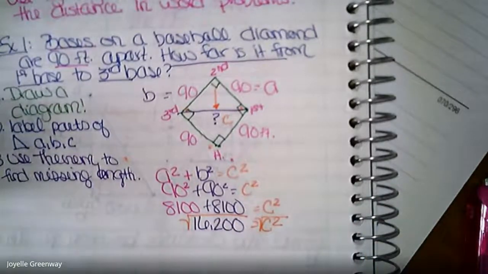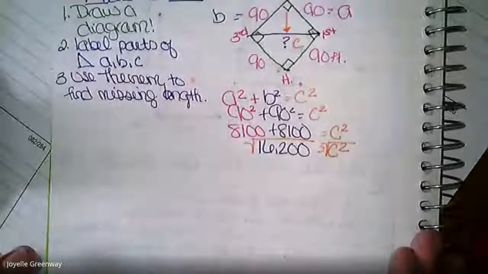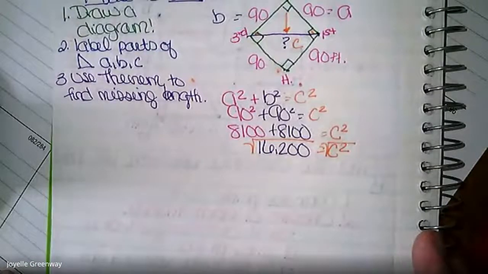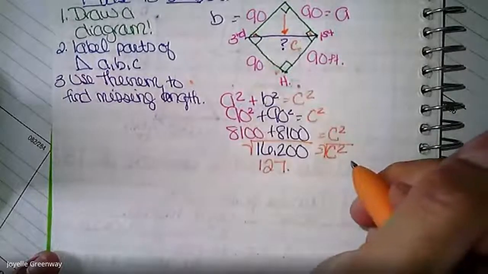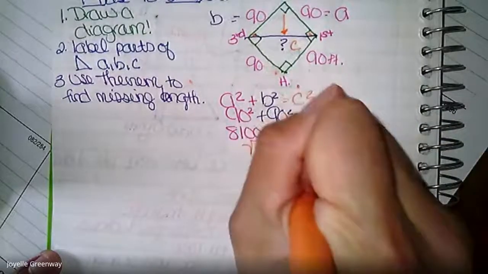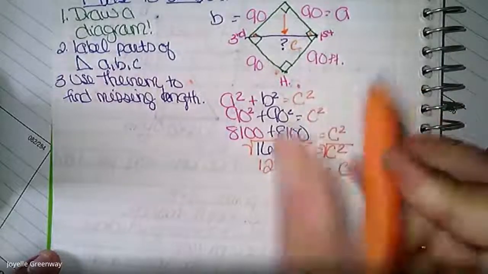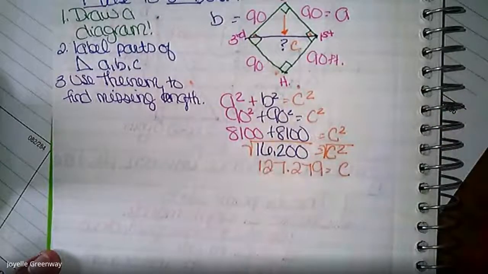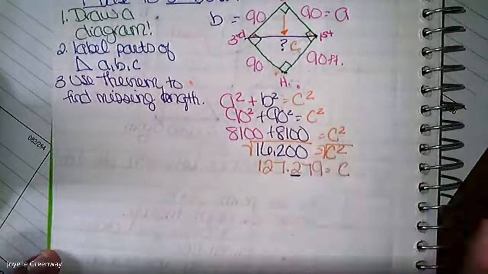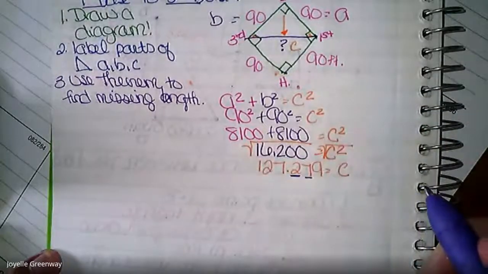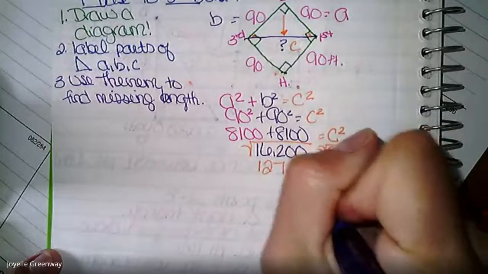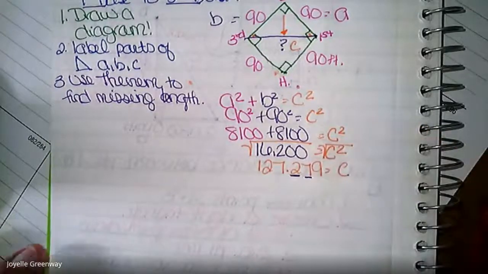and we're going to round to the nearest tenth. So I have 127.279 equals C. So if I'm rounding to the nearest tenth, that means I'm rounding this place. This 7 is above 5, so I'm going to round this 2 up to a 3.